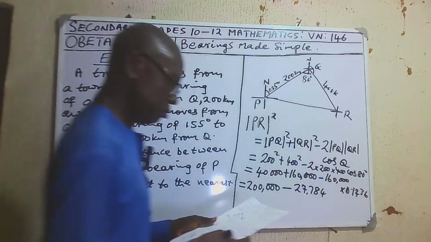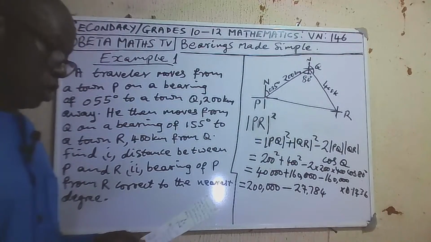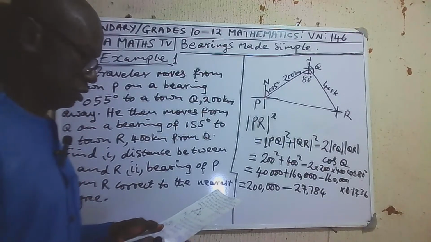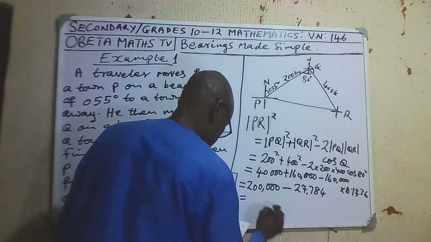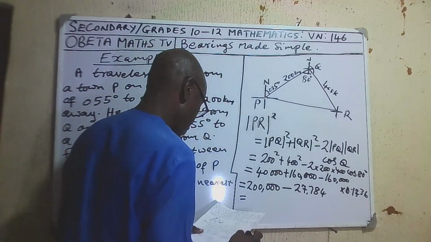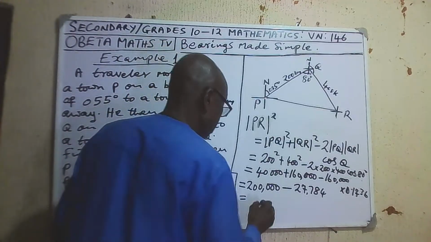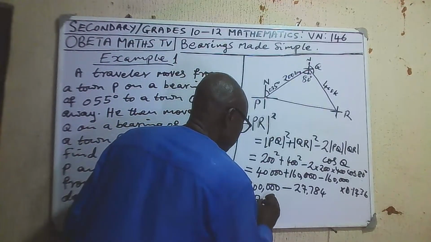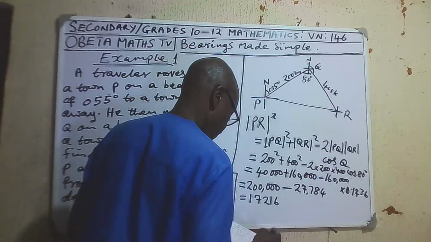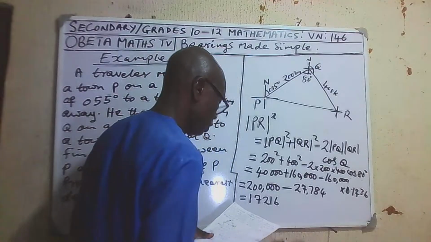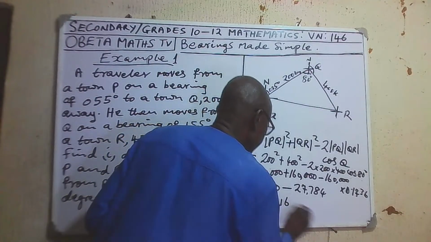So when we now subtract, we are going to end up with 172,216.